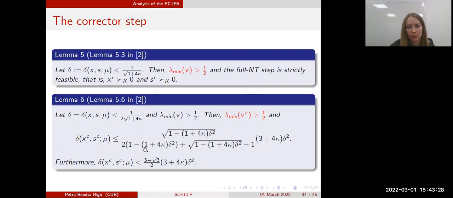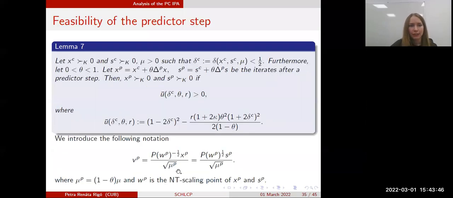So we have an upper bound depending on kappa and delta, but here the idea is that we could also prove that the smallest eigenvalue of this v_c is larger than 1/2 in this case, and we obtained these upper bounds. After that, we also dealt with the feasibility of the predictor step.